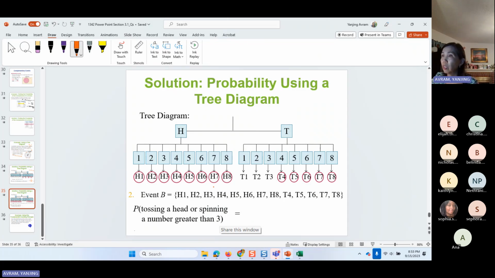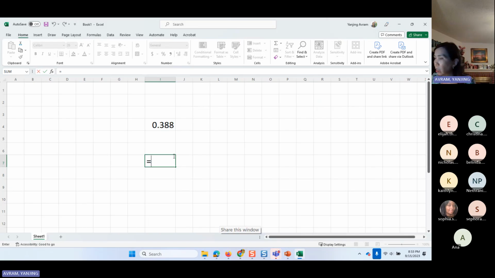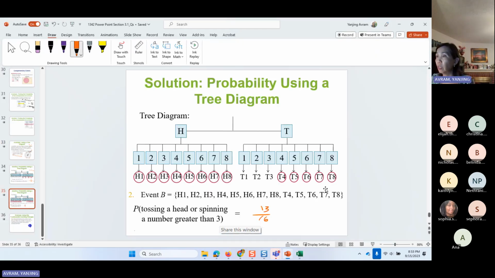So 13 outcomes out of a sample space with a total of 16. Divide 13 by 16 and you get 0.813. Now you can see all these probabilities are greater than 0 and less than 1.